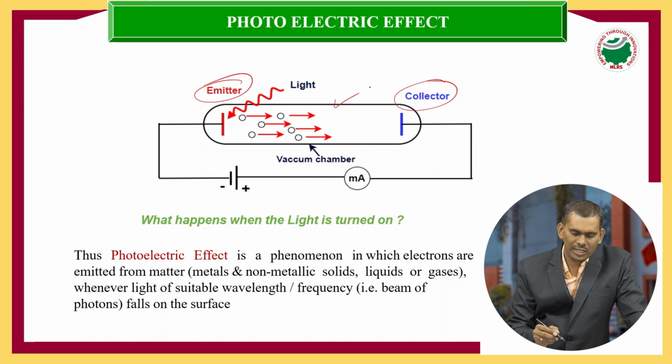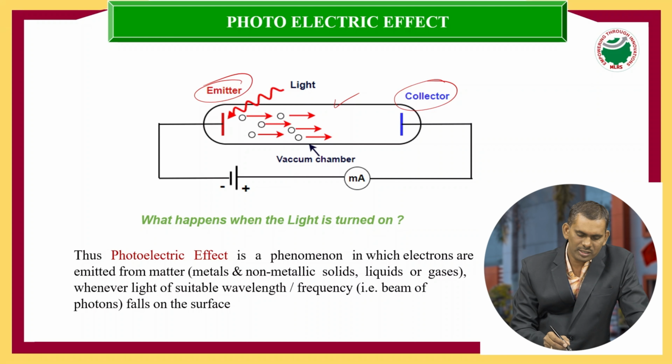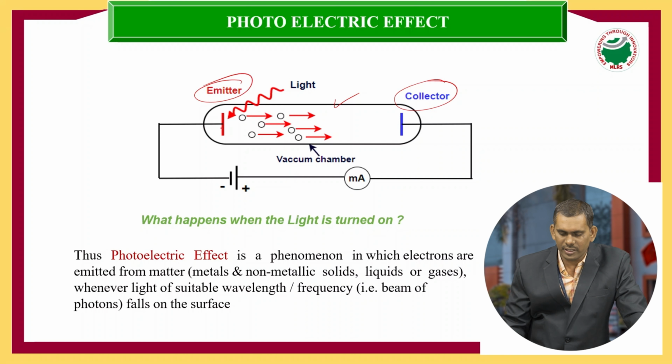The emitter is nothing but our metal surface, the material we are using to execute the photoelectric effect. Next, the collector collects the ejected electrons from the metal surface, here it is.